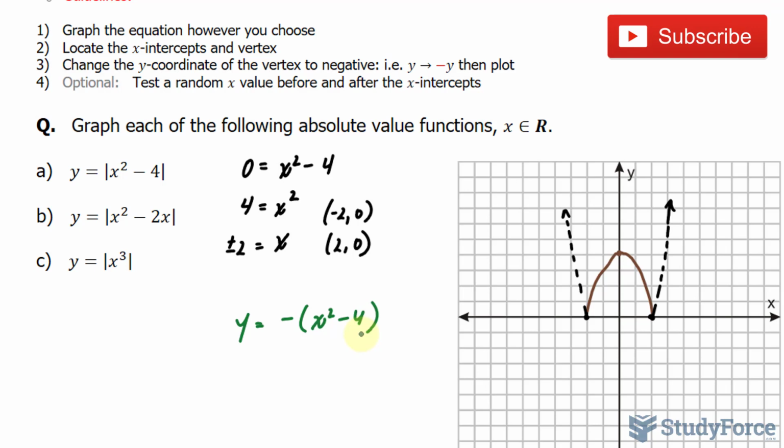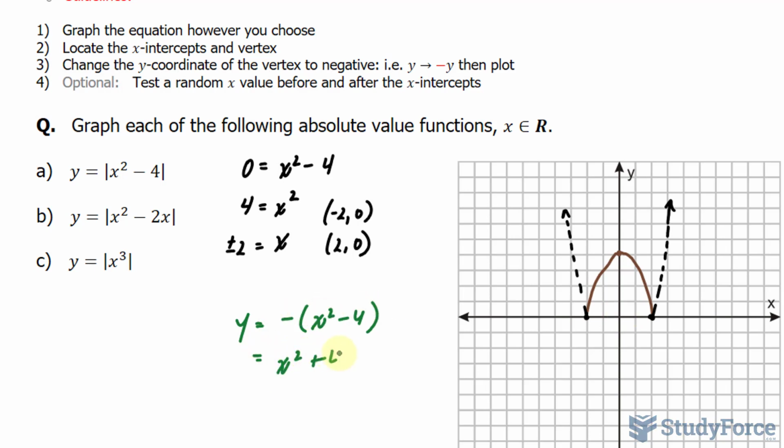And if you solve this, you will once again end up with negative 2 and 2 as your intercepts. However, if you expand, you end up with x squared plus 4. X squared plus 4 has a vertex at 0, positive 4, and that's the reason why we switched the y. Think of it as a shortcut.